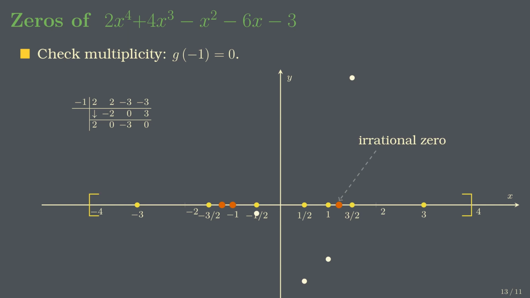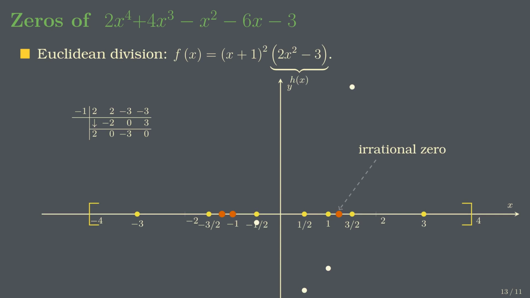So for this reason, we see that the multiplicity of minus 1 is actually more than 1. This might be 2 or more. But we can easily check that minus 1 is a multiplicity 1 zero of g, meaning that it is actually a multiplicity 2 zero of f.